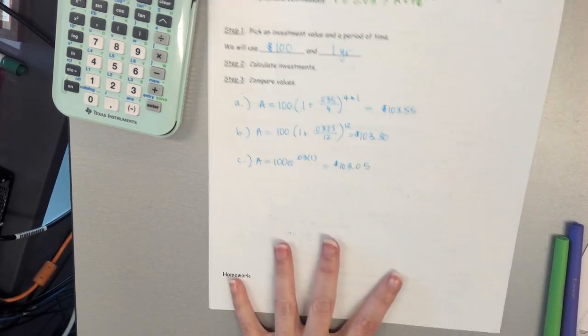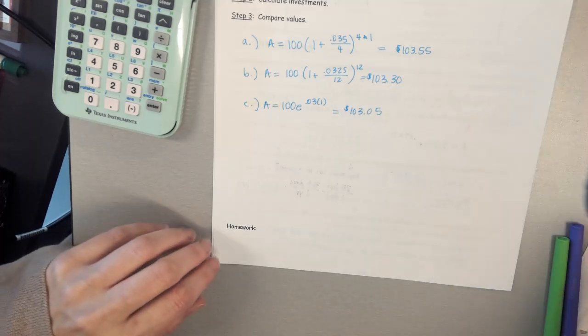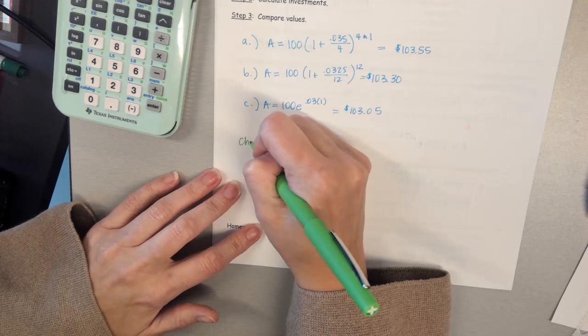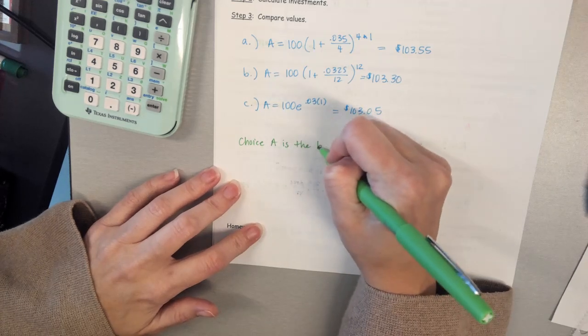Okay, so let's check those, and if we need to go back and recalculate, we need to do that. Which one is going to give you the best return on your investment based on this? Choice A. Choice A is the best return, and we're just going to say by how much.